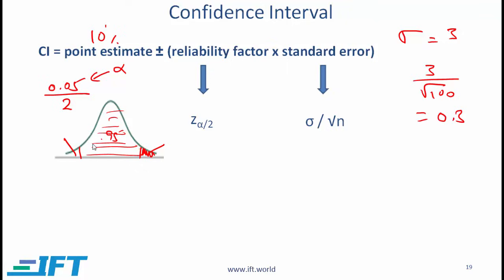If you look at your Z tables and you have a situation where 0.95 is in the middle, this is 0.025, and then obviously this is also 0.025, then you will notice that the Z value, which corresponds to a cumulative frequency of 0.95 plus 0.025, this Z value is going to be 1.96. So for a 95% confidence level, the corresponding Z value given a normal distribution is 1.96.